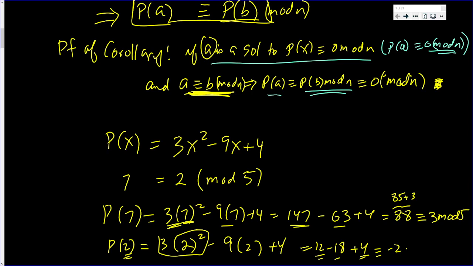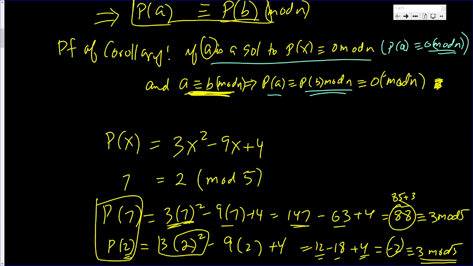And if you add 5 to it, you get 3 mod 5. So p of 7 and p of 2, although they equal different numbers, 88 and negative 2, mod 5 they're equal.